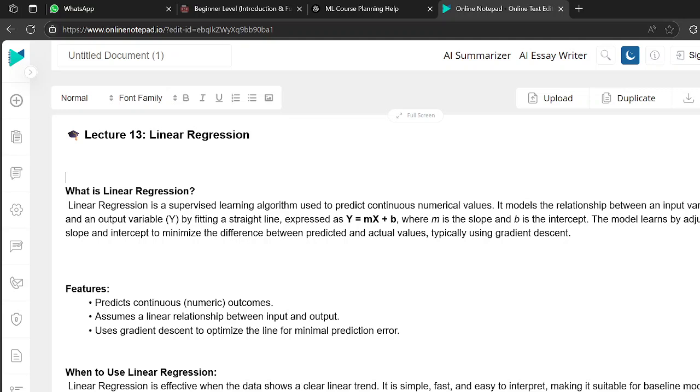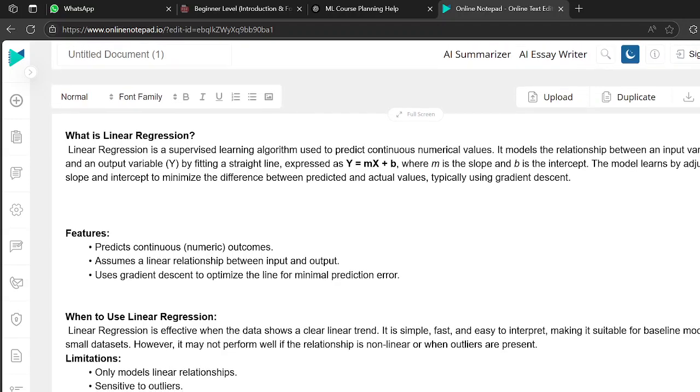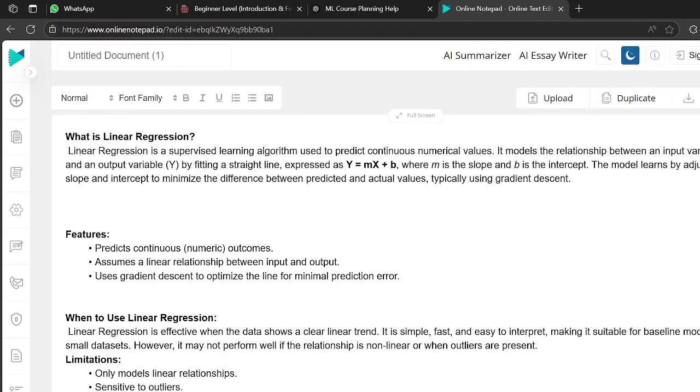This helps the model learn by adjusting the slope and intercept to minimize the difference between predicted and actual values, which is done using gradient descent. There is a mathematical formula behind it. You can go and look at that formula, but right now we are more concerned with the theory and the algorithm part, so we will not go into the mathematical formula for now.